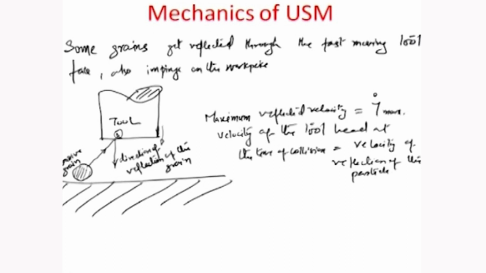So it is simply imparted, there is no specific inertial component associated with the abrasive grain because of its small nature. It is few microns, as I told you, abrasive grains could be in the range of 20 to 25 microns.